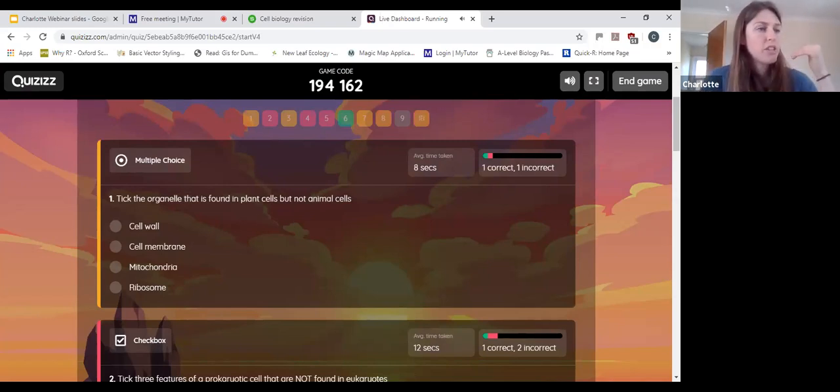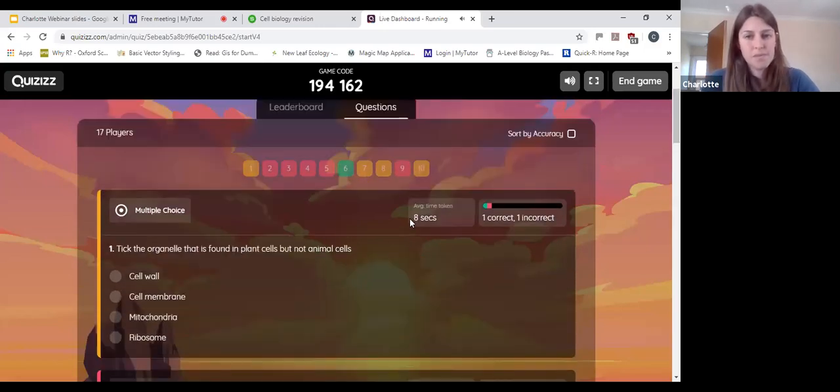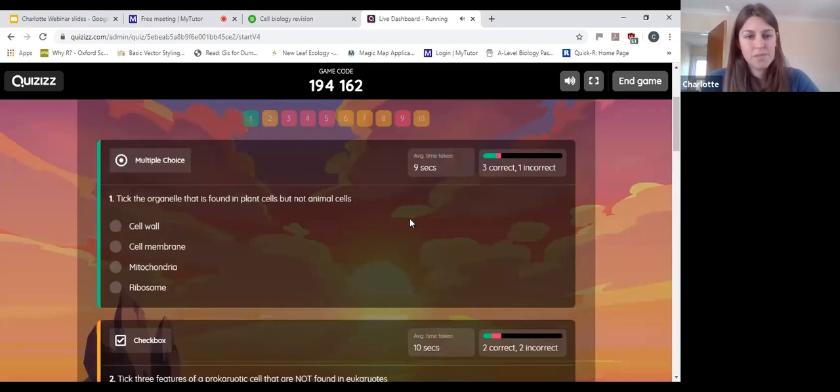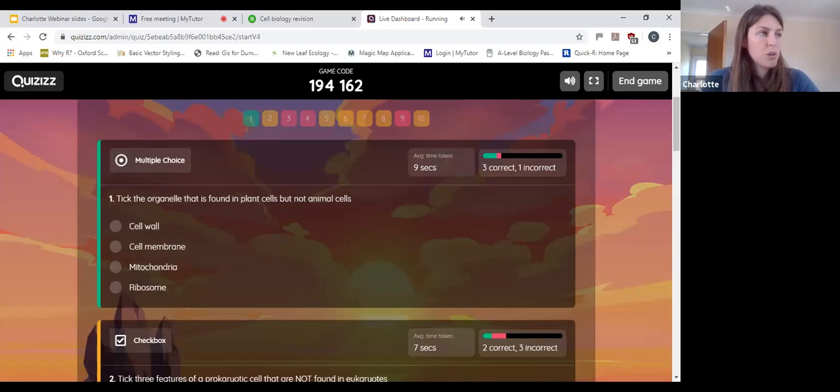Tick it if you need, pop it in the chat if you want to. Organelle that's found in plant cells but not animal cells. Cell wall, cell membrane, mitochondria, or ribosome. Okay. If you want to put them in the chat, then go for it. That's no problem.